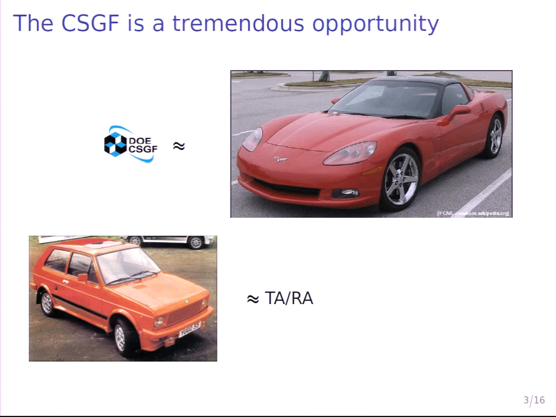So I really appreciate the CSGF conference, and this is probably an obvious analogy. And in case you can't read the license plate there, that is a Yugo license plate. But the reason I wanted to make this point was that the conference is really a great opportunity.